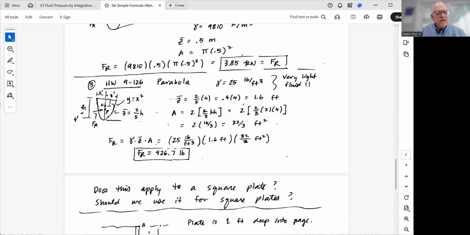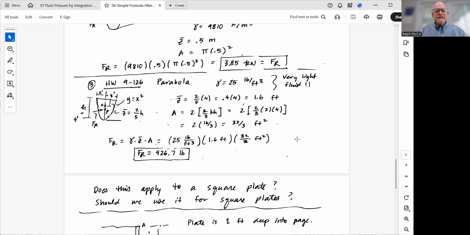The Z bar down from the top is 2/5 of h, or 2/5 of 4, which is 0.4 times 4, which is 1.6 down from the top. The area is 2 times 2/3 BH, so 2/3 of 2 times 4. And finally, FR is gamma times Z bar times area, and you get FR is 426.7 pounds. Way easier than integrating.